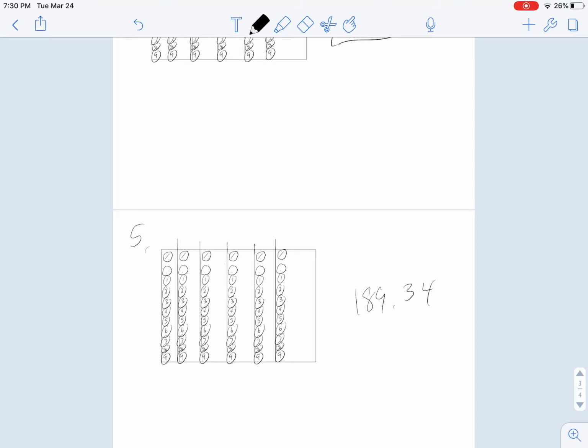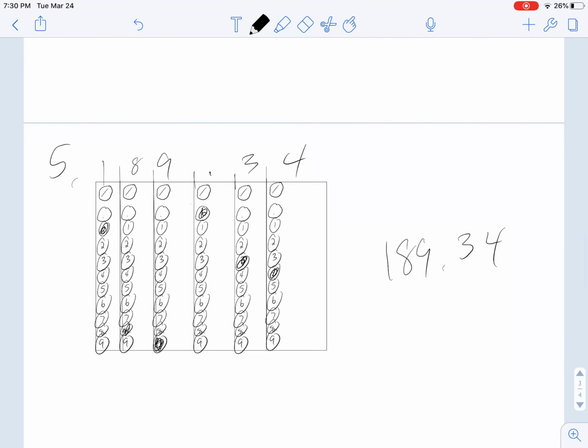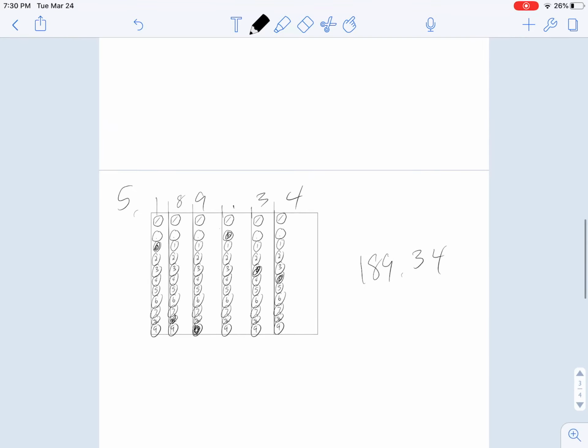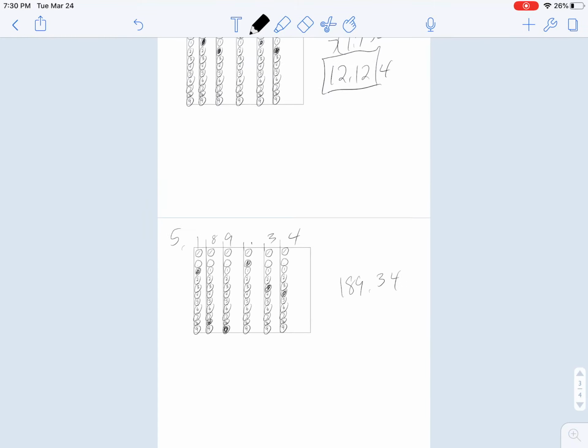You're going to use 1, 2, 3, 4, 5, 6 columns, with 1 first, then 8, 9, decimal point, 3, 4. You're going to type all of that in and then shade the corresponding bubbles, including the decimal point. Make sure you round to the nearest hundredth. Notice how we used every single column. There would be a few cases in which that would take place. I think there's one in which you may have 7 columns, so go ahead and use all 7 if needed.